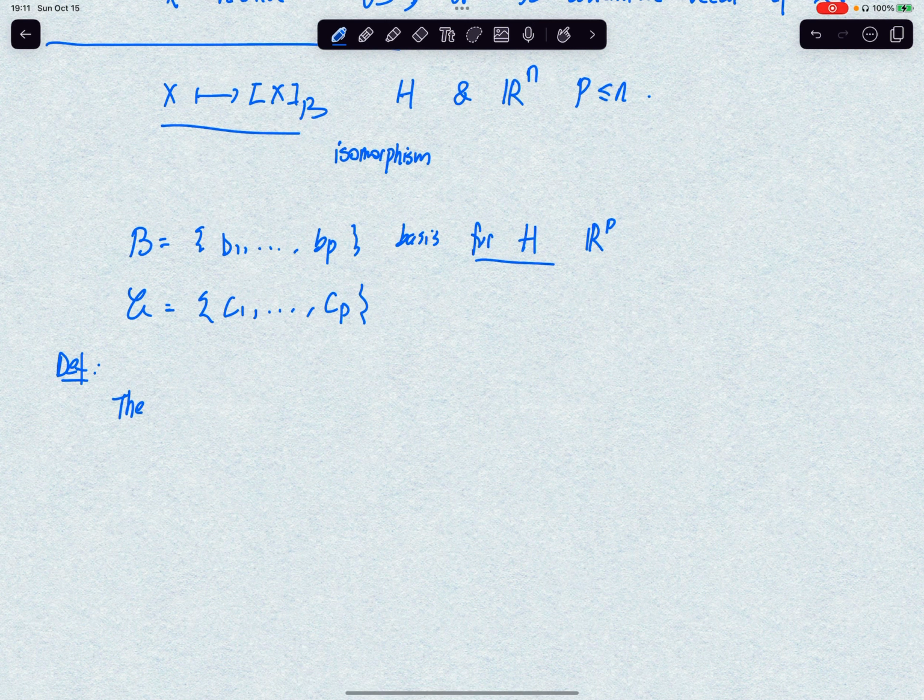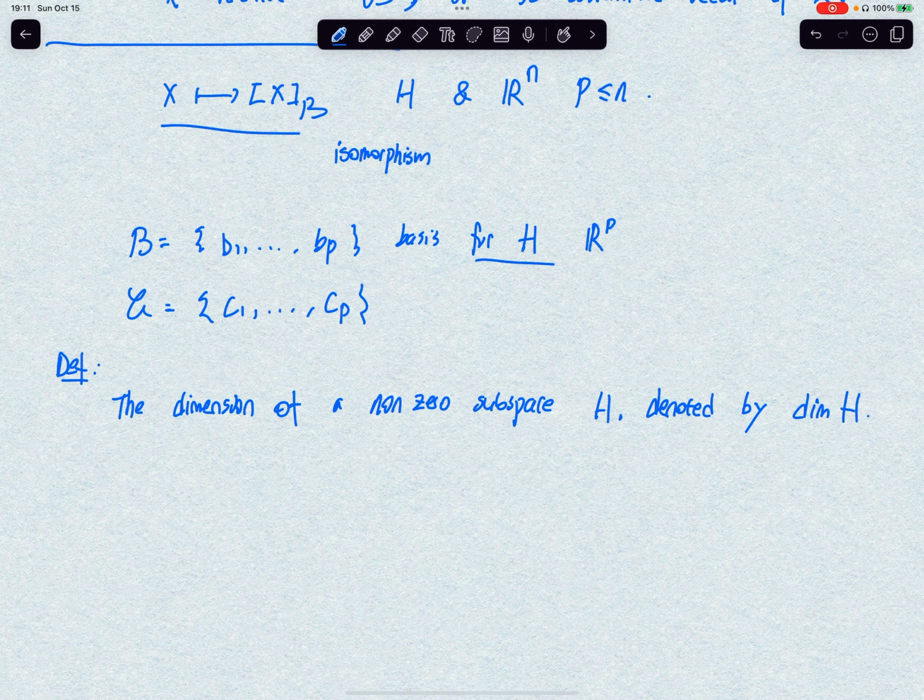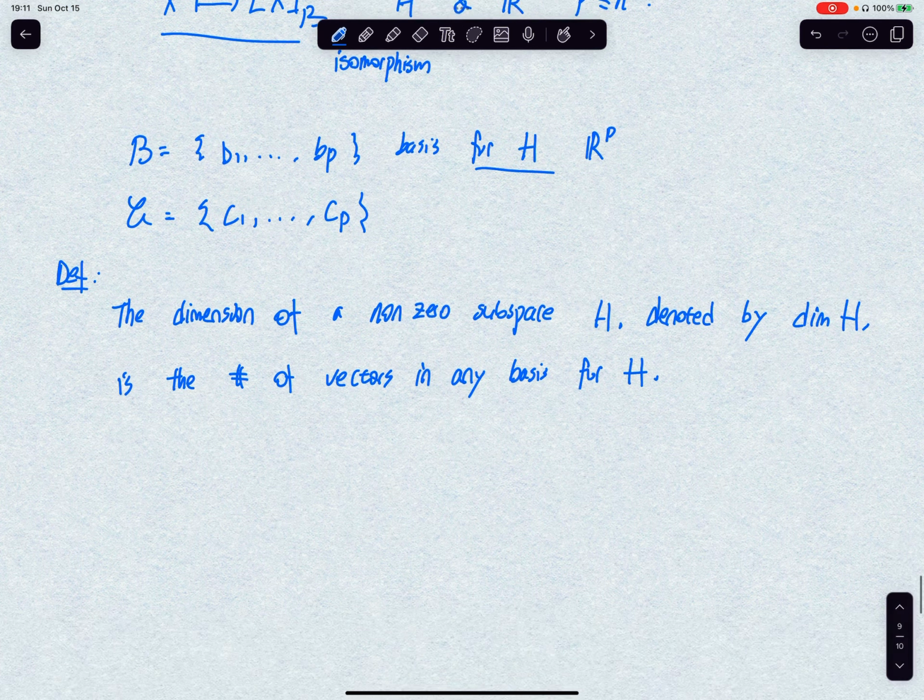So the dimension of a non-zero subspace H, denoted by dimension of H, is the number of vectors in any basis for H. And the dimension of the zero space equals 0. The zero subspace is defined to have dimension 0.